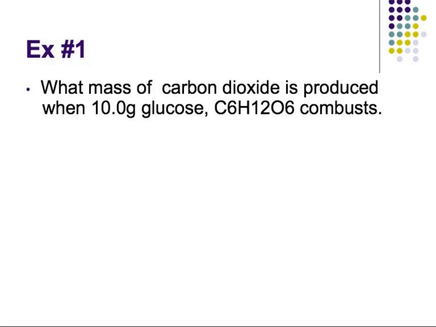Notice they ask for a mass. Mass is always in grams. Of carbon dioxide, we know what carbon dioxide is. It's CO2. It is produced, so carbon dioxide is going to be a product when 10 grams, they gave us grams, of glucose, which is C6H12O6, combusts.